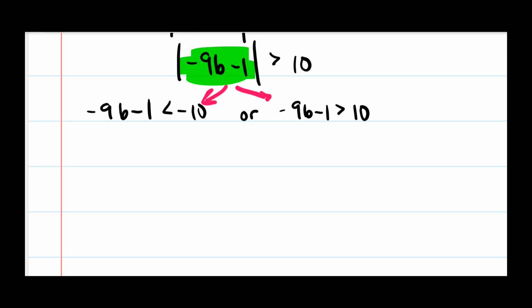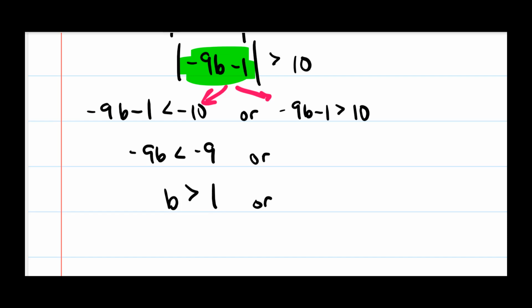Now, from here, you will solve this just like you would any other type of problem. So when you move the 1 over, you'll get -9b is less than -9. Now, here's where we have to remember some algebra rules. You'll get b is greater than 1, because you have to flip the sign. So that's one option.